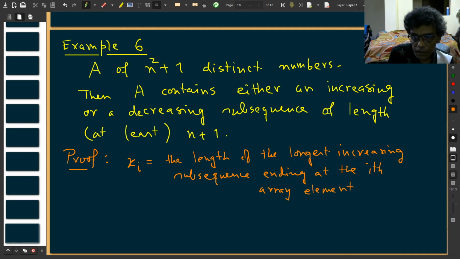Ending at means it must include the ith array element and then also some previous things, possibly, if possible.